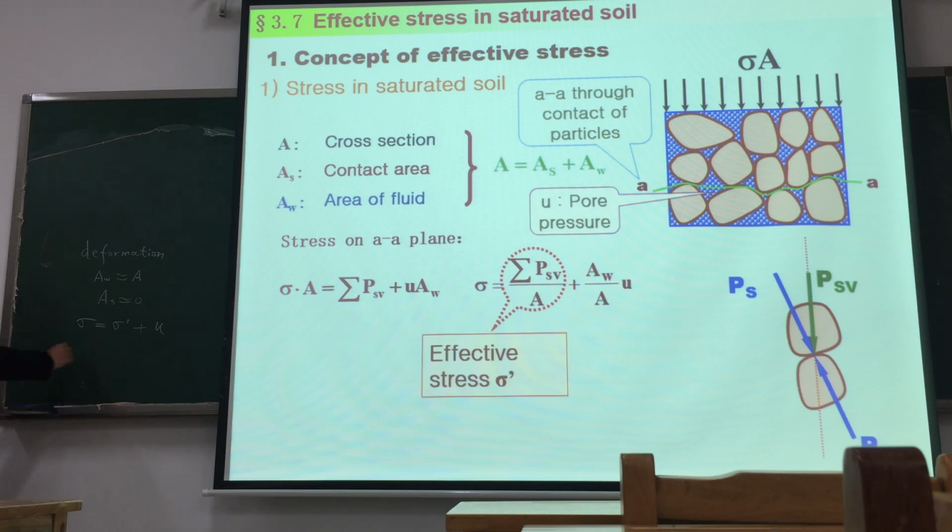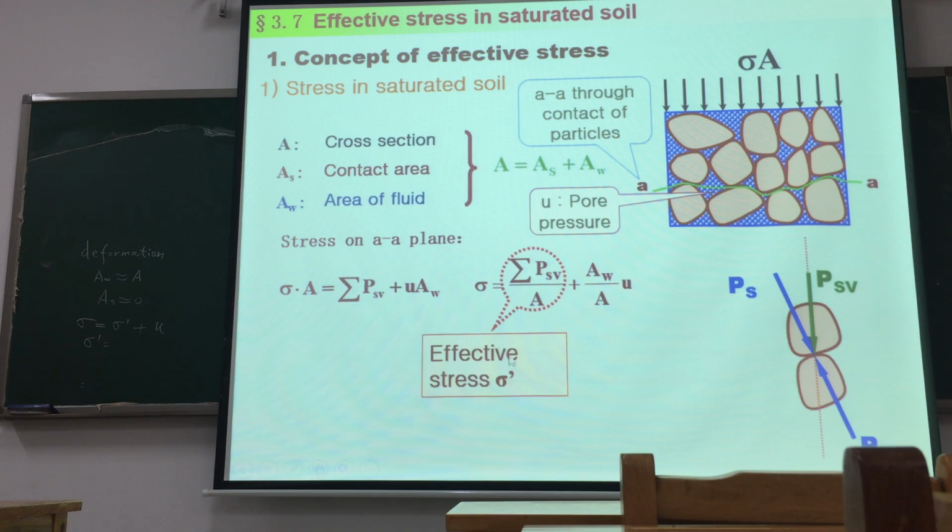Here, sigma prime is the effective stress. It means the stress carried by the soil particles, transmitted through the contacts of soil particles, the force divided by A, the cross-section area.